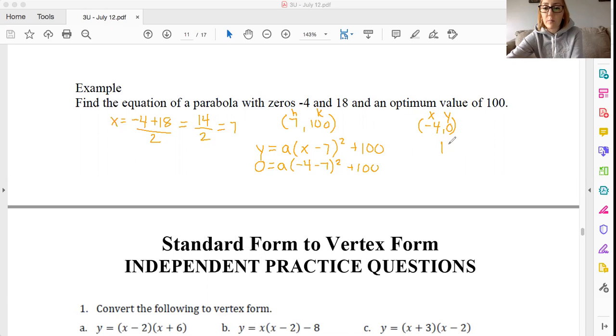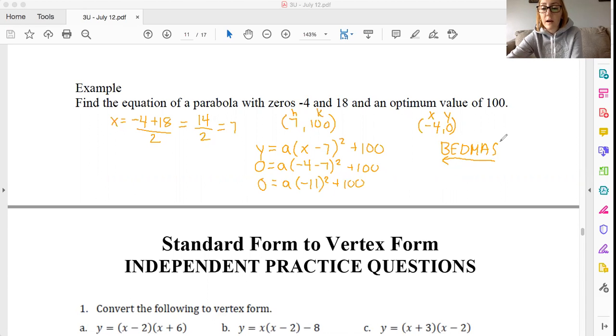Just remember BEDMAS, where it's bracket, exponent, division, multiplication, addition, subtraction. So you're doing it the opposite way. We're going to simplify this a little bit more before we do that. So -4 minus 7 is -11.